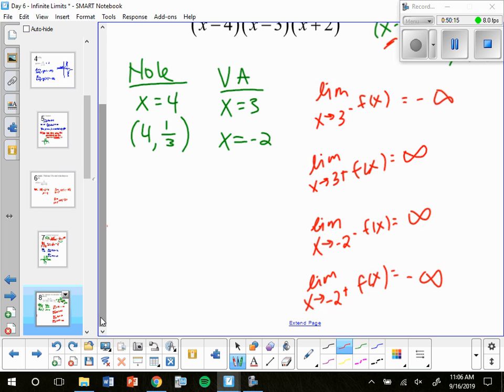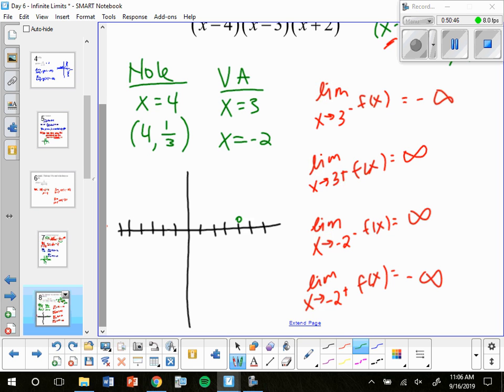And so now comes the challenging part, is I'm going to use all of that information to try to get a really good sketch of this function. I'm not going to worry about y values that much. I know that I have a hole at 4, 1/3, so really close to 0.